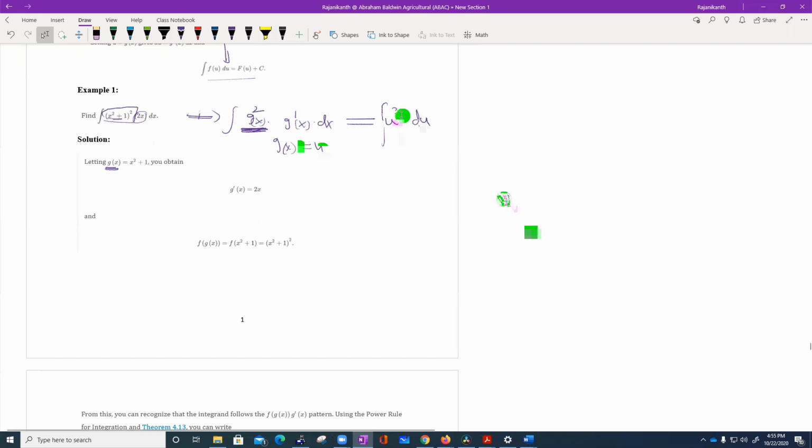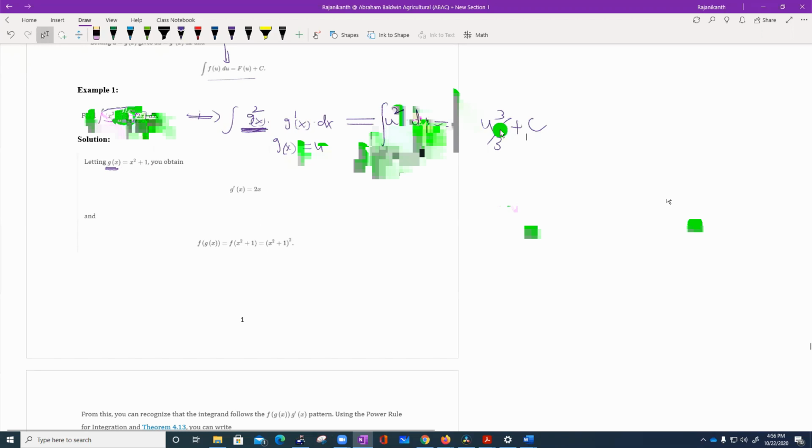So this is an easy substitution for a complicated problem. Now you know how to find the antiderivative of u squared by using the basic formula, that is u cubed over 3, right? But remember, there was no u in the original problem, but we let u be g(x).